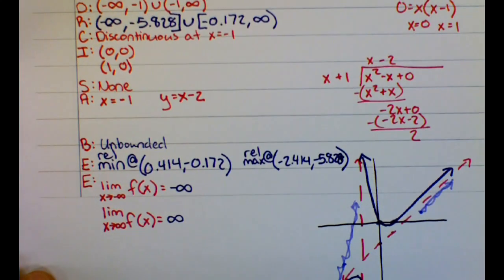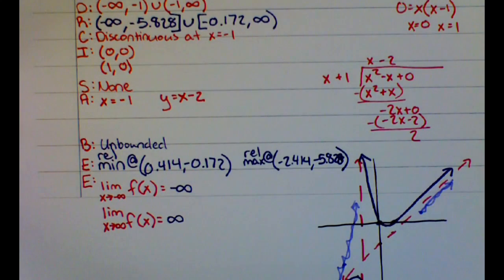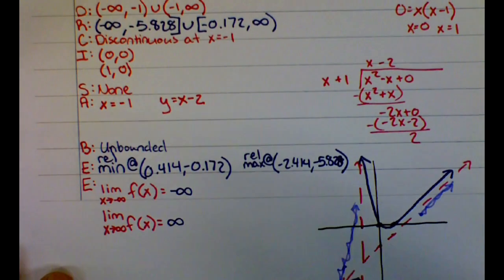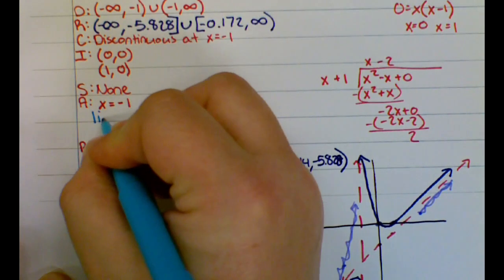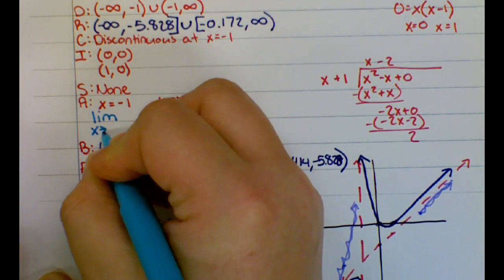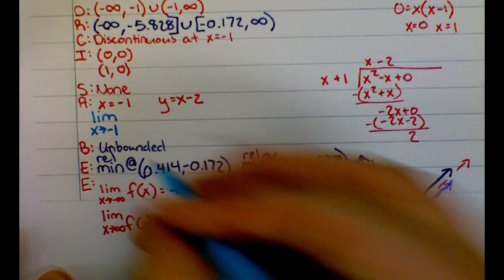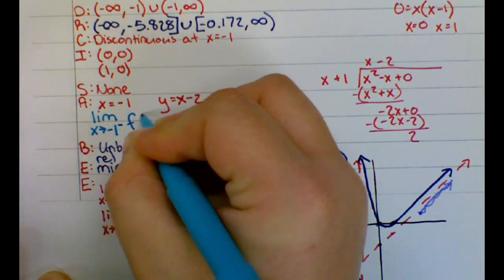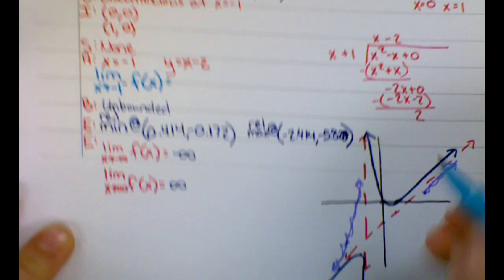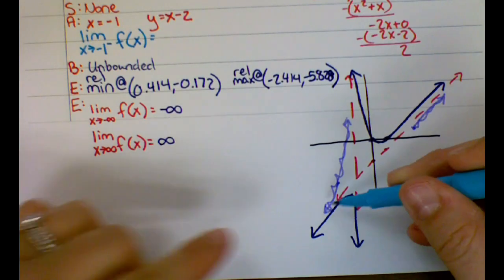And then there's one more thing we have to add for the asymptotes. Any vertical asymptote needs you to talk about the behavior at that asymptote. So x equals negative 1. We need the limit as x approaches negative 1, but notice it goes different directions. We put a little minus, meaning as I approach negative 1 from the left side.